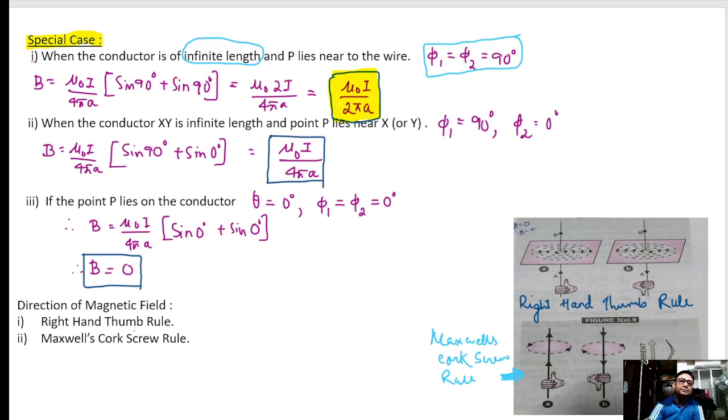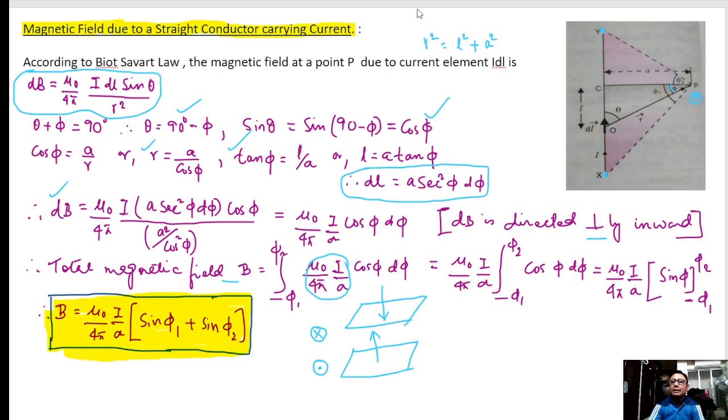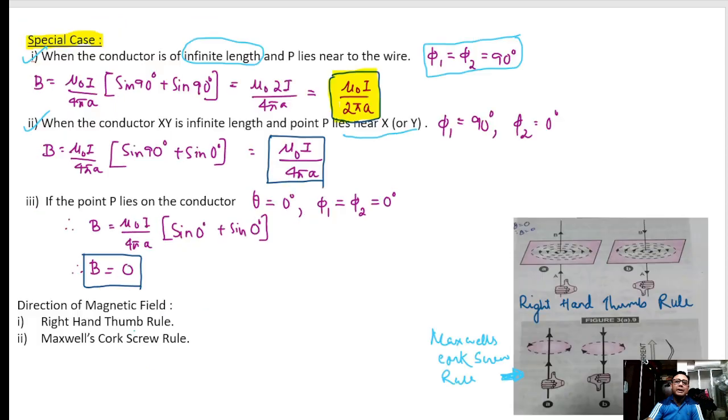This was the first case. Second case, when the conductor is of infinite length and the point P lies near X or Y, that means P will be either here or here. In that case, what is the magnetic field?